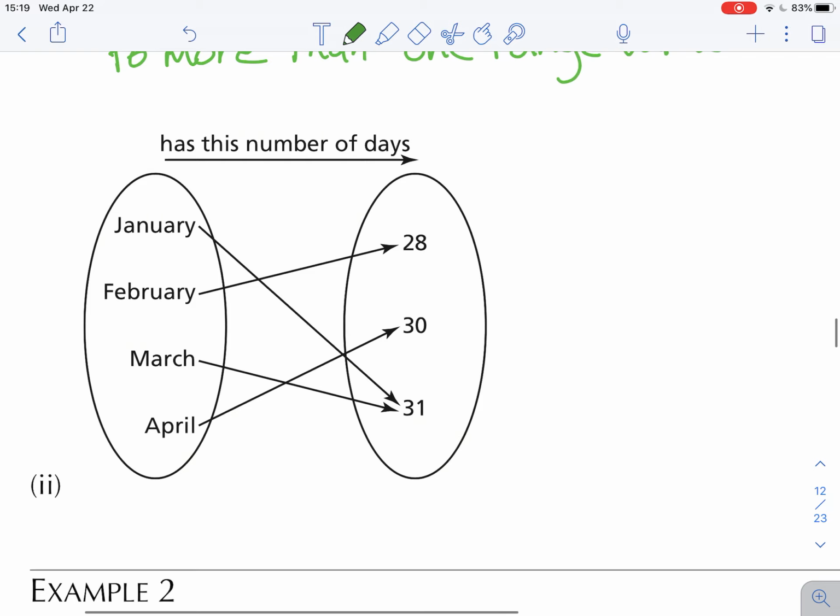A relation is not a function if it has a domain value that goes to more than one range value.